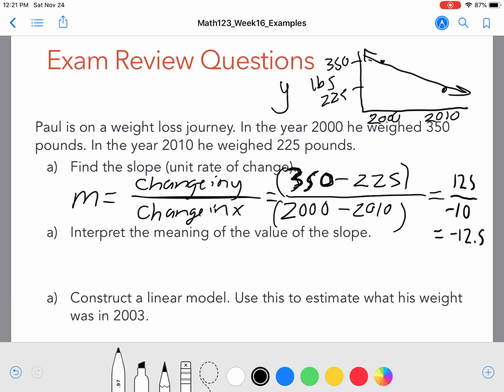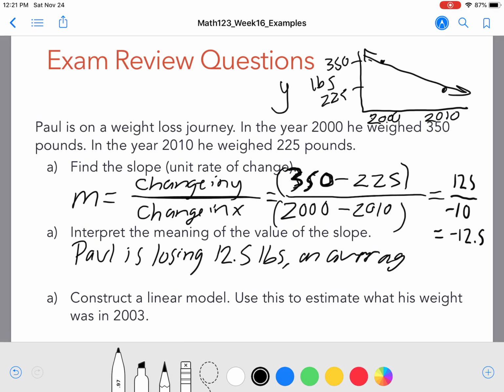And then it asks us to interpret the value for the slope. So we can say something like, Paul is losing 12.5 pounds on average per year. So something like this, all right? So it doesn't need to be perfect.